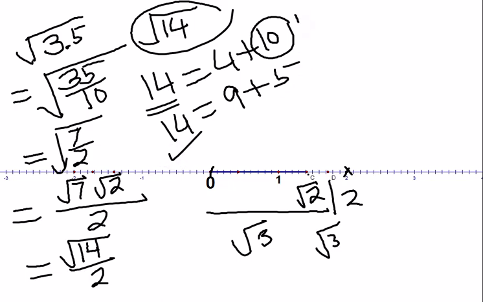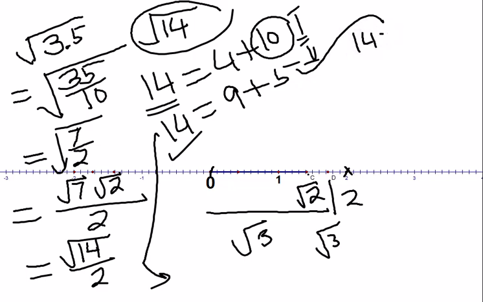This is one way, this is another way, and there can be many more ways. Okay, so when you write 14 as 9 plus 5, then you can write 14 as 3 squared plus square root of 5 squared, right? Okay, so let's construct a square root of 5 the way we did the things before.